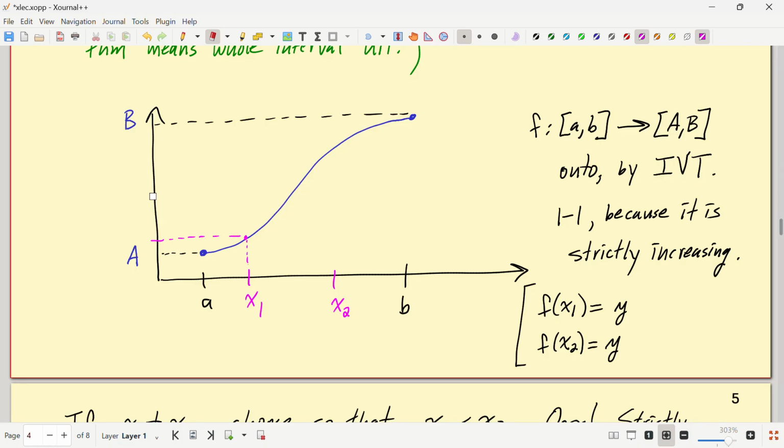And if I started with a y2 here, that would determine exactly one x2 here. Playing around with these x1s and x2s, I would show you that the g function is one-to-one and onto.